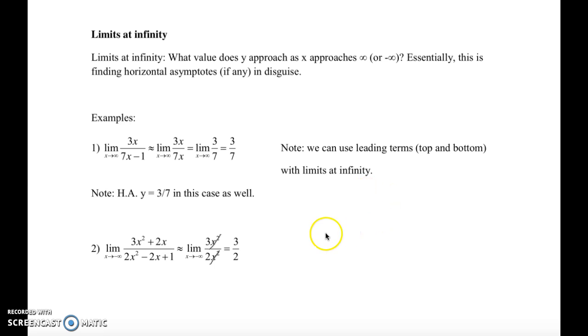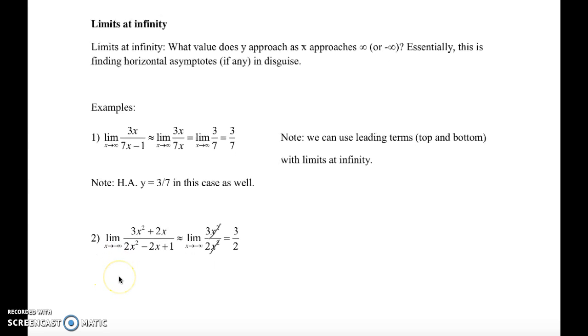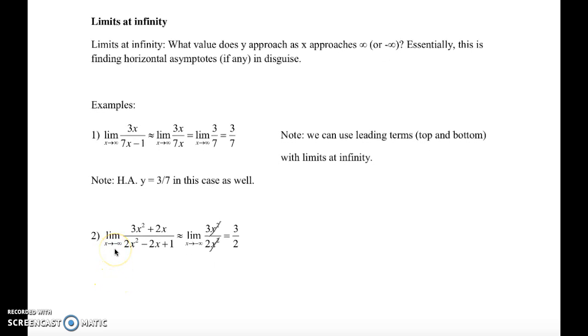Okay, let's look at another one. Let's look at another limit where we have the limit as we approach negative infinity. Now we're looking at the limit coming from the right-hand side toward negative infinity. So as this graph gets smaller and smaller, we want to see what's going to happen at negative infinity. And we have 3x squared plus 2x divided by 2x squared minus 2x plus 1.